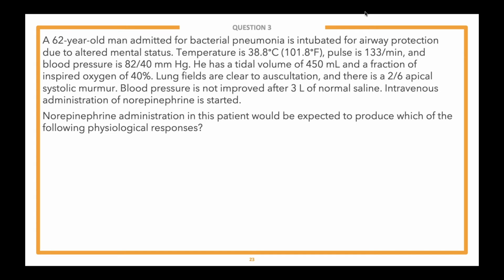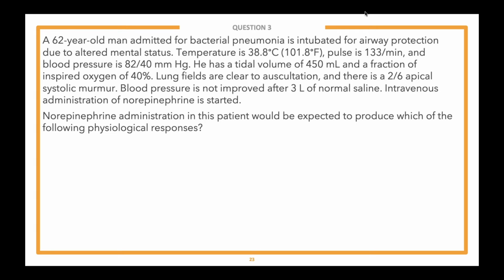The vignette, rather. A 62-year-old man admitted for bacterial pneumonia is intubated for airway protection due to altered mental status. Temperature is 38.8 Celsius or 101.8 Fahrenheit. Pulse is 133 per minute, and blood pressure is 82/40. He has a tidal volume of 450 milliliters and a fraction of inspired oxygen of 40%.